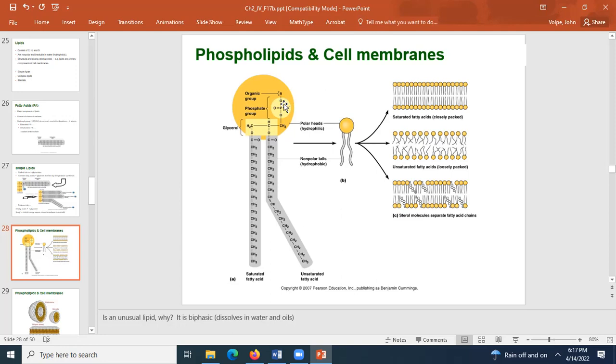One that you're probably familiar with are detergents. It is a biphasic molecule. One region can dissolve in the water, and other regions can dissolve in the lipid.